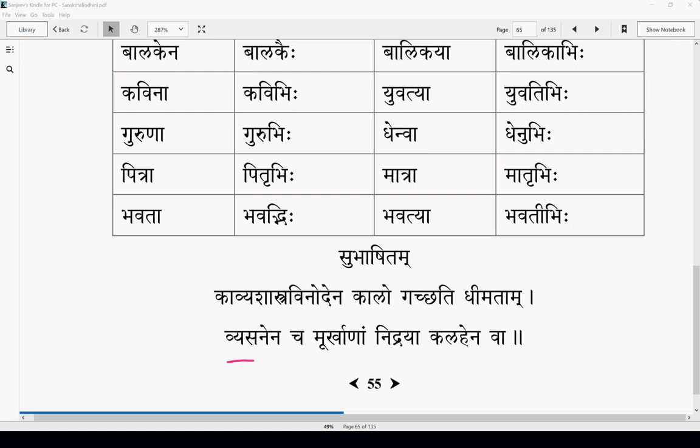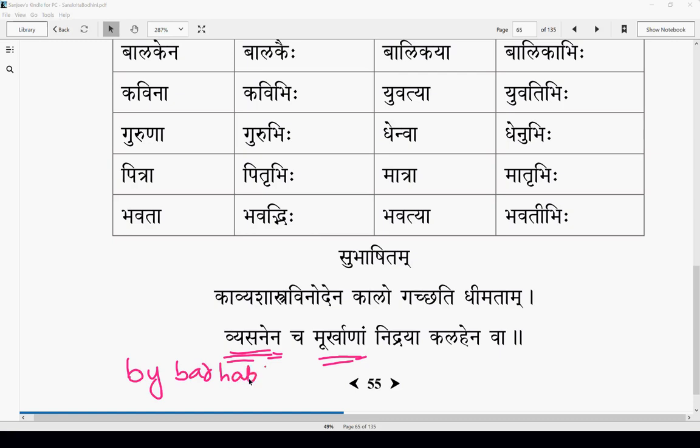Vyasanena cha murkhanam. Murkha. What is murkha? Idiots. Stupidity. Stupid. Fool. Murkhanam. So Vyasanena. So if you want to translate this in English with the Tritiya Vibhakti, we use by or with bad habits.